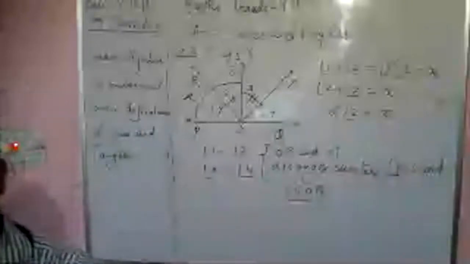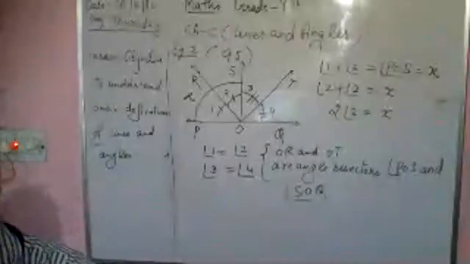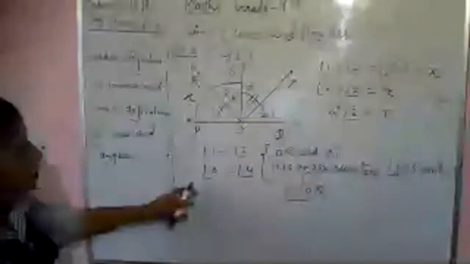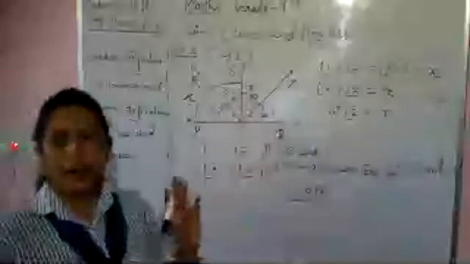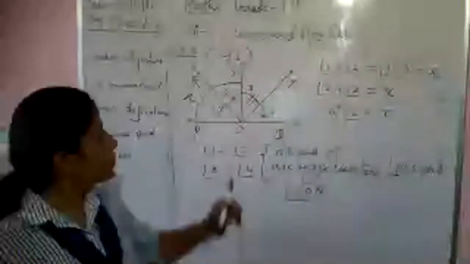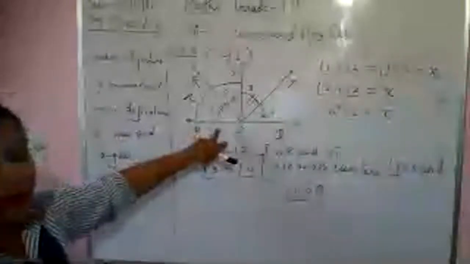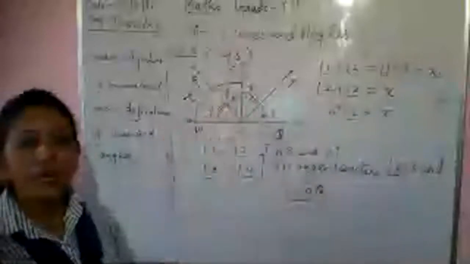For each part, you have to write the reason why they are equal. In the geometry part, you will write what is given, and also mention it in the solution. If you are writing 1 2 3 4, you have to mention it in your figure also.